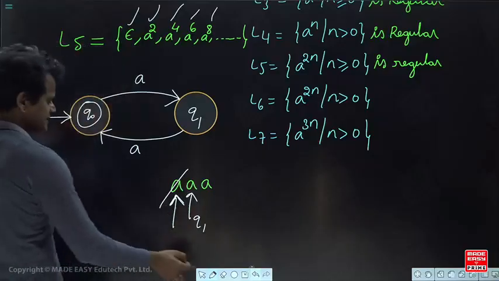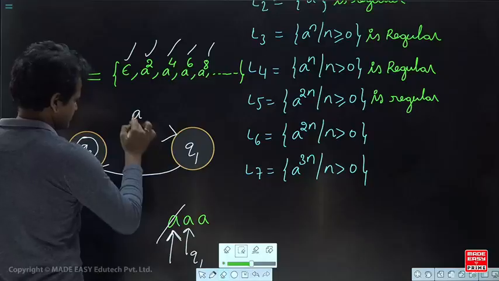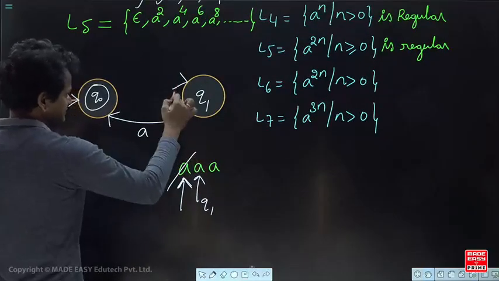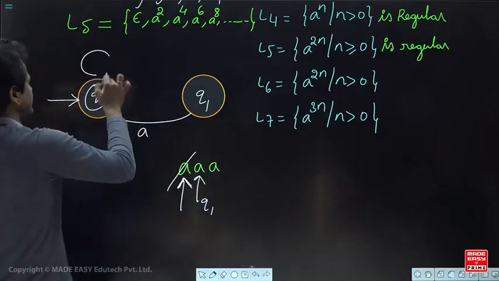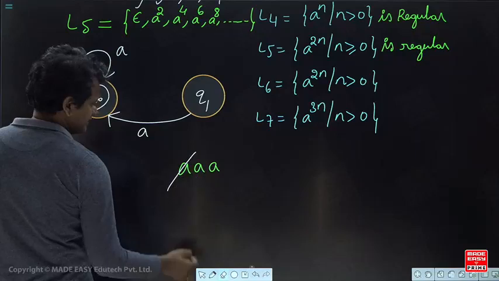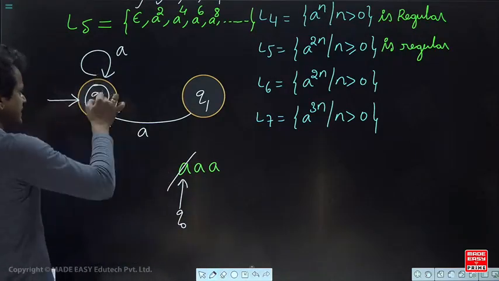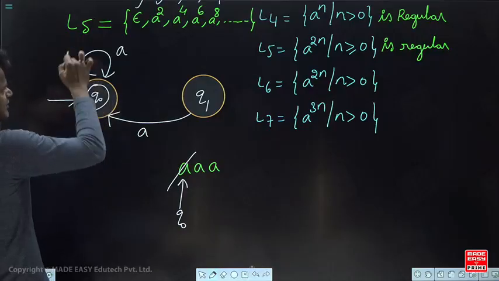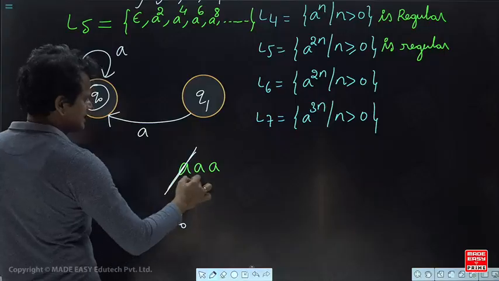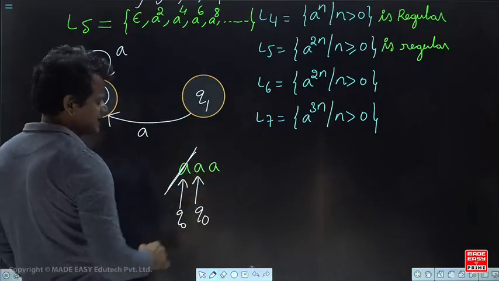If you say instead Q0 on a stays in Q0, then after scanning this a, it goes to the next input symbol and stays in the same state.